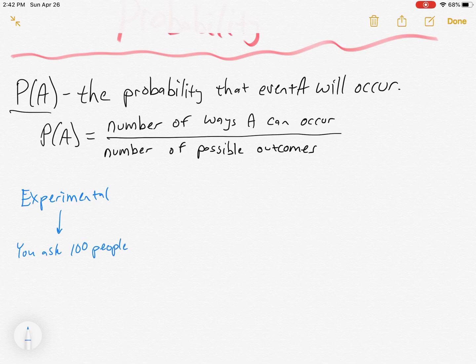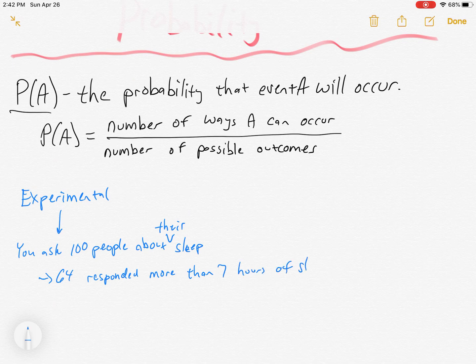What we're going to call experimental probability would be, let's say that you go up to 100 people, and you ask 100 people how much sleep they got last night, and let's say that 64 responded that they got more than 7 hours of sleep.